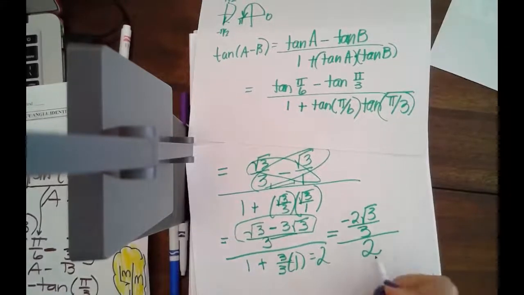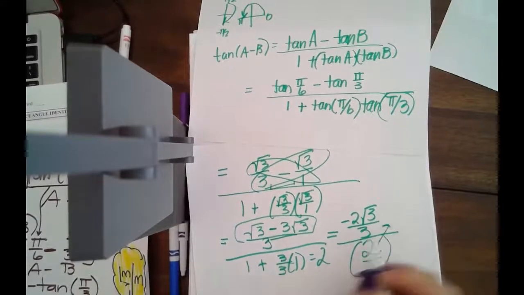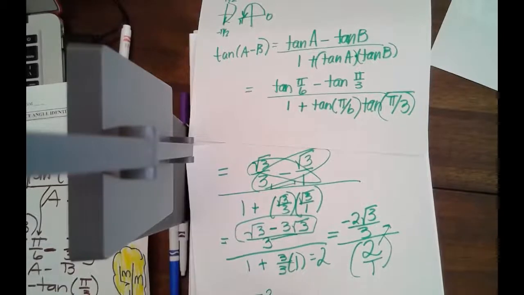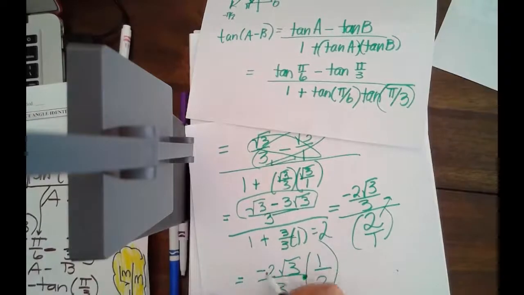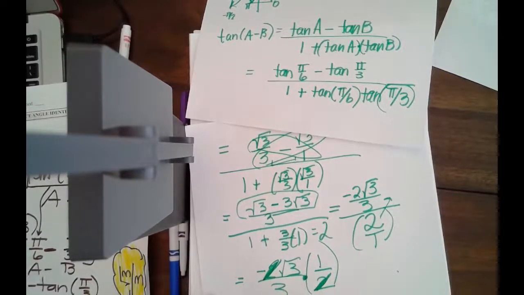All right, now we know it's 2 over 1, so we're bringing them upstairs. And you're going to say negative 2 radical 3 over 3 times 1 over 2, because I've flipped him. Okay, and you can have these 2's cancel out, and you're going to be left with negative radical 3 over 3.